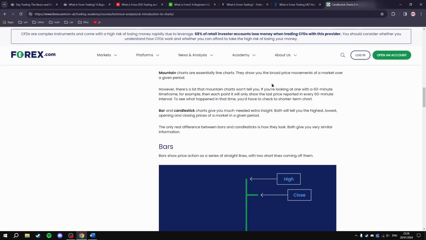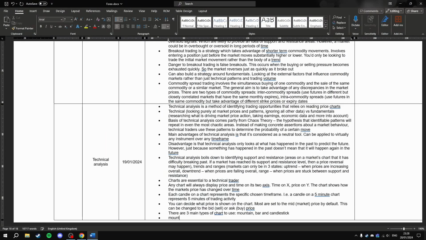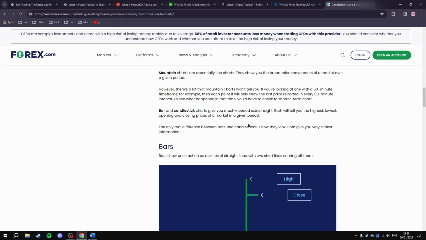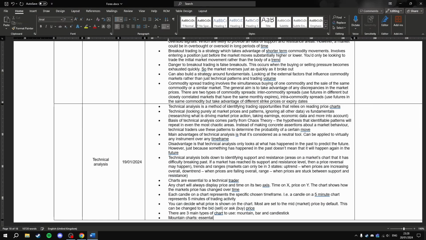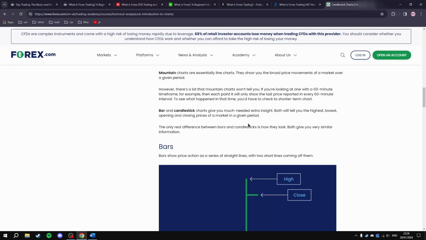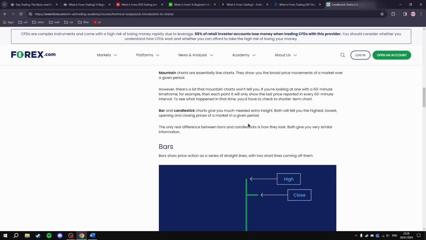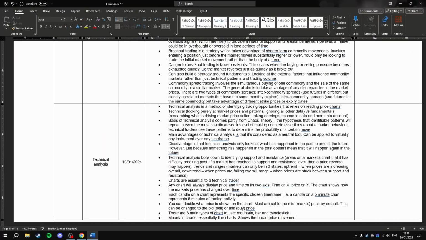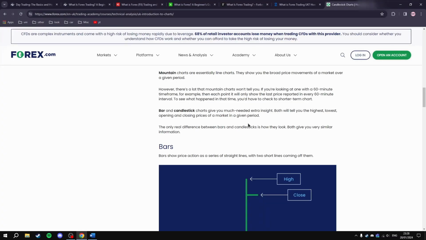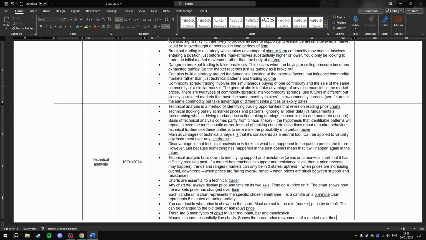They show you the broad price movements of a market over a given period.